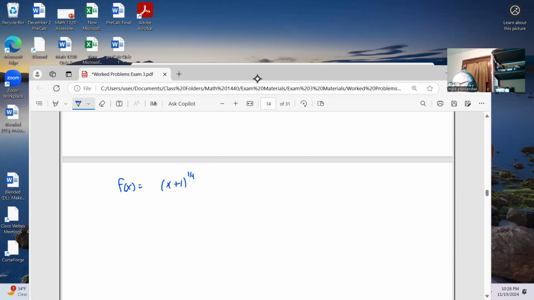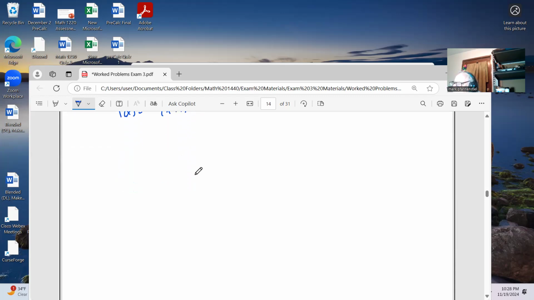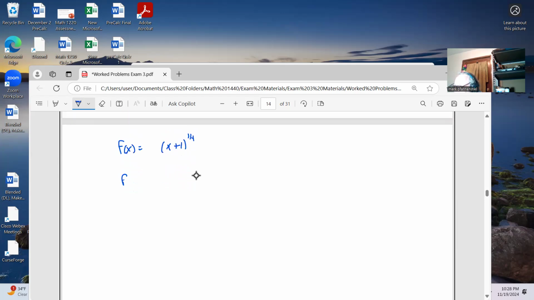Okay, so in order to figure out some Taylor polynomials, we're going to have to start taking some derivatives. So let's think about that. So the first derivative we have, okay, just take this derivative. It's 1/4 times (1 plus x) raised to the -3/4, right? So we're just taking a derivative. This 1/4 comes down, 1/4 minus 1, right? You have a quarter, you lend a dollar, you're now 3/4 in debt, times the chain rule, which in this case is just 1, so it's not a big deal. Okay.